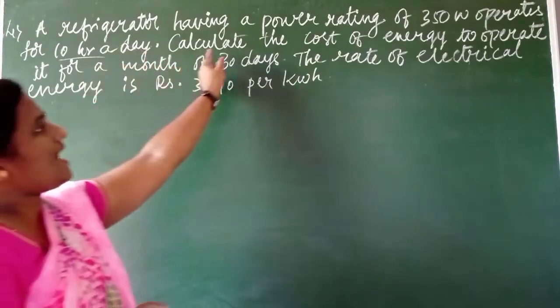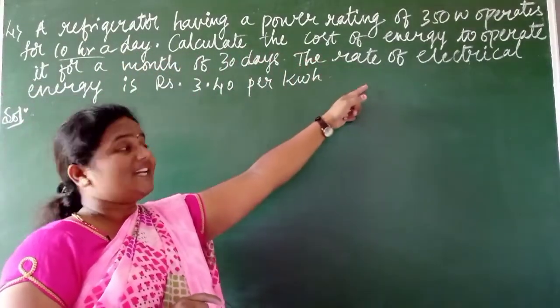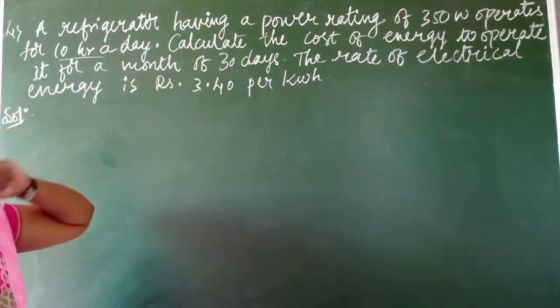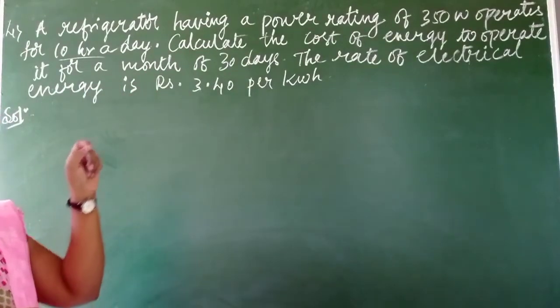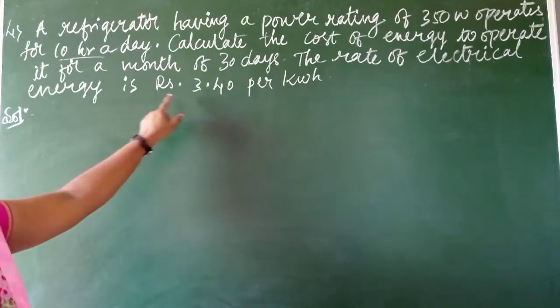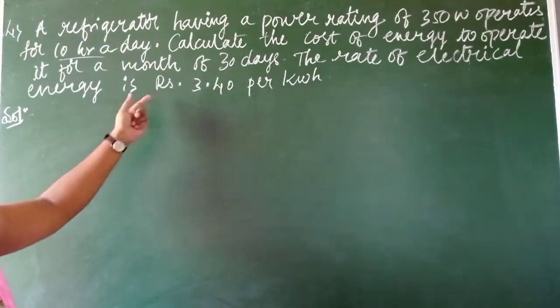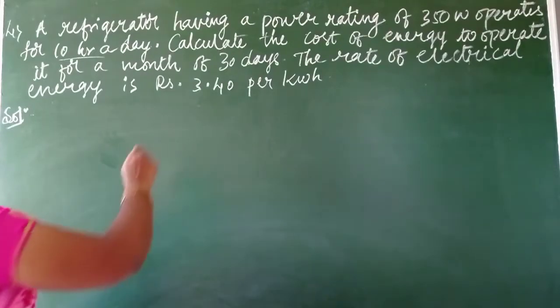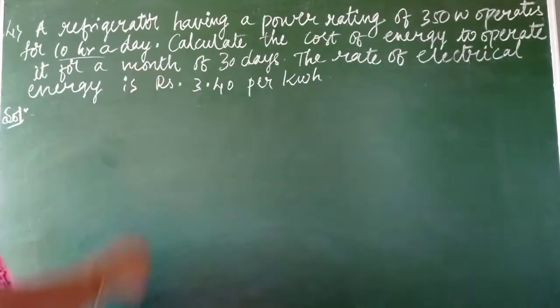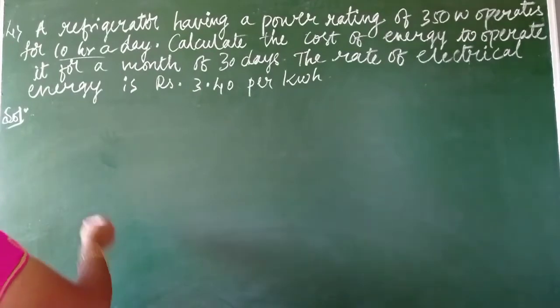But we want to calculate the cost of energy for 30 days, in a month. We first calculate that, then multiply by the rupees, the cost of 3.40 into kilowatt hour, and we will get the answer.